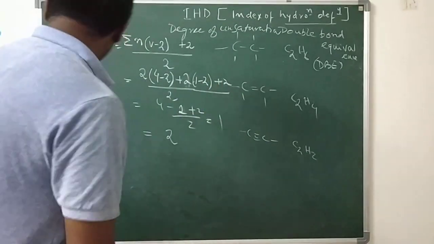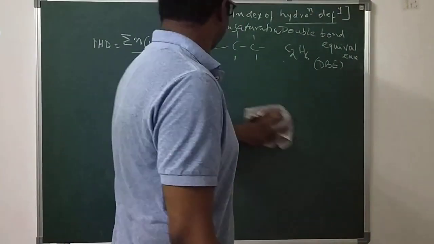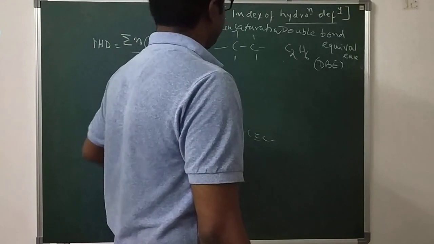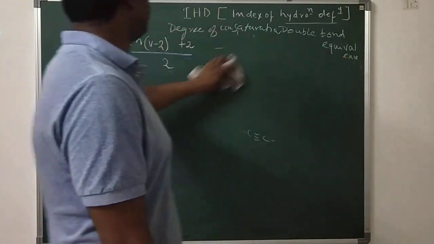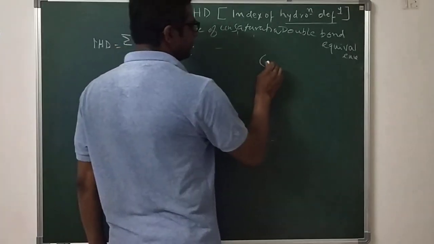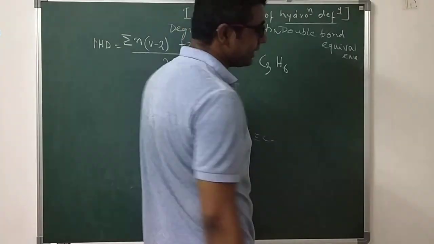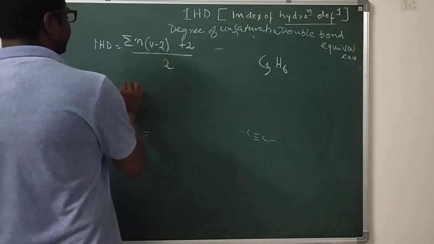Now let us do one example, which will make it clarified much more, and some other complications will also come up. C3H6. You know this is propene, right? You know this, but still let us try this one.